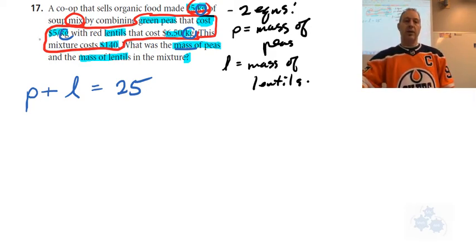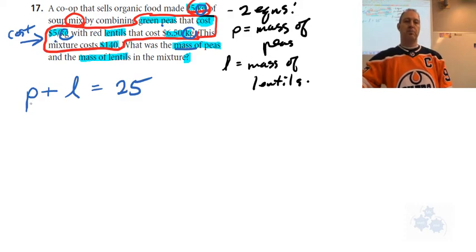Okay, so the second one, again, this is the second one. It's the money one. Okay, so you're going to have a cost per mass of peas, and a cost for mass of lentils equals a total cost. So the next one is going to be the cost equation. And green peas cost $5 per kilogram.